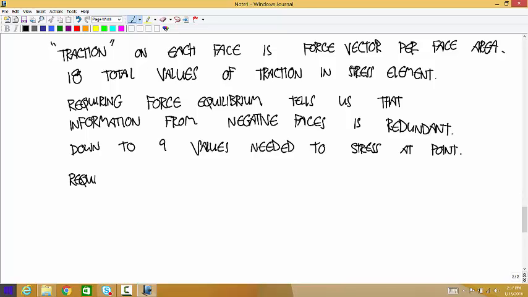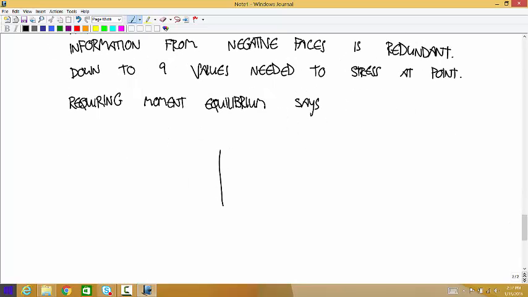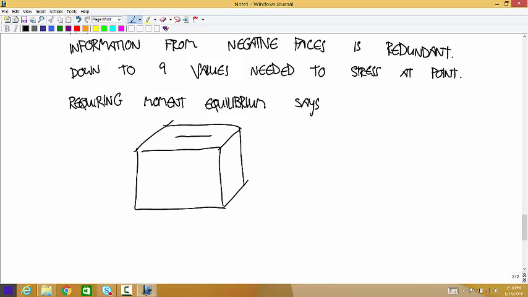So requiring moment equilibrium says the traction component there has to equal the traction component there.